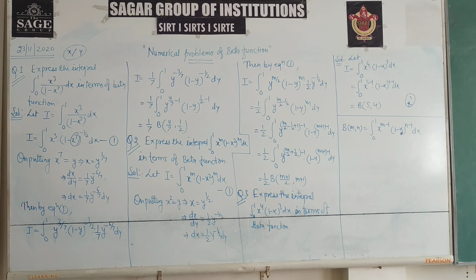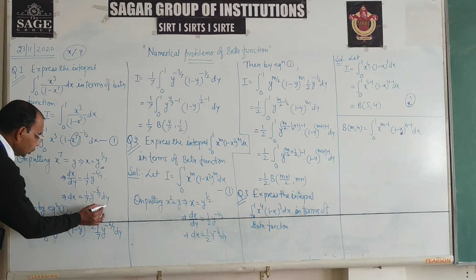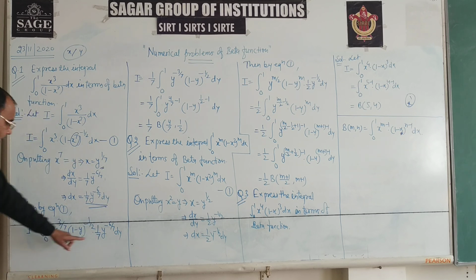Then by equation 1, on putting our values in equation 1, x is replaced by y to the power 1 upon 7. So x to the power 3 is y to the power 3 upon 7, and 1 minus x to the power 7 is 1 minus y, to the power minus 1 by 2, and dx equals this value.